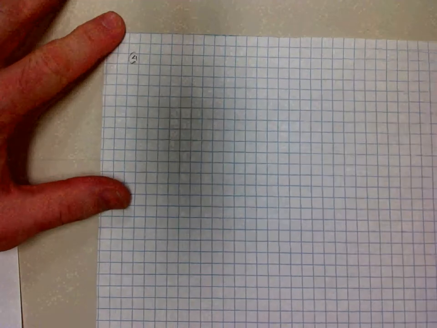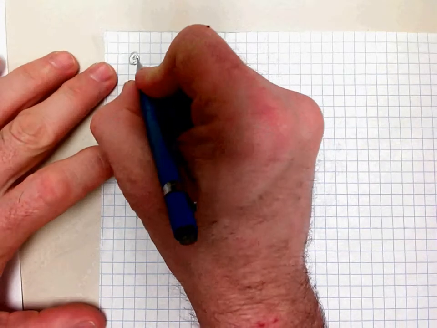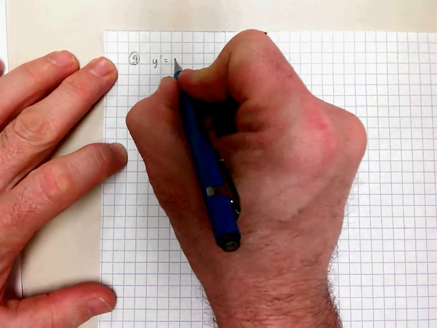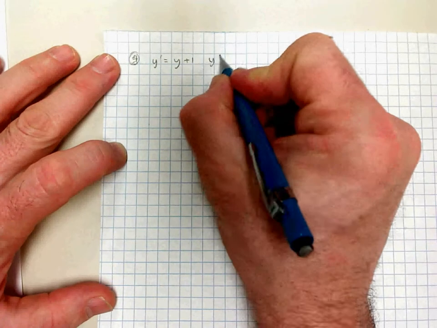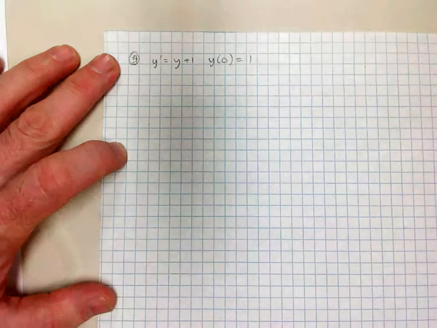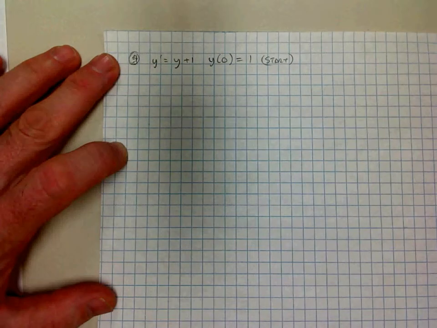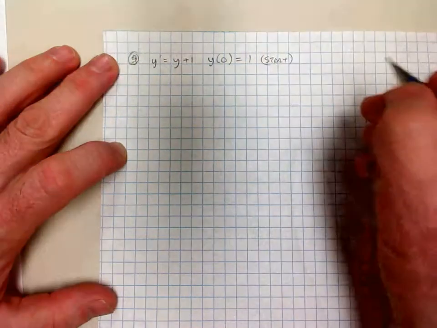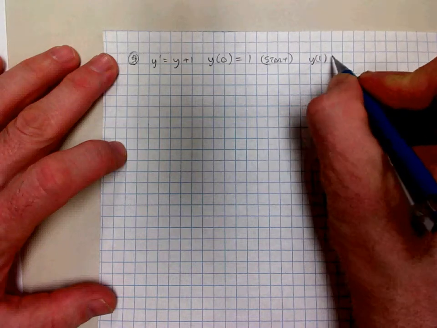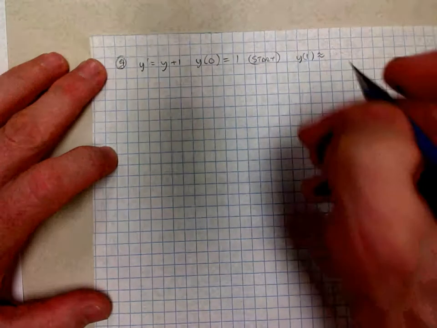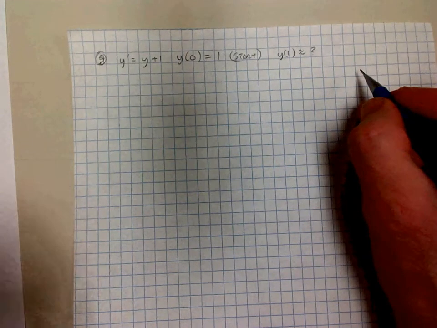and problem number 4 has some given information. y prime equals y plus 1. They give us the initial state of x equals 0, y equals 1. That's where we're starting. Then we're looking to estimate y sub 1, which actually helps us find our dx value.